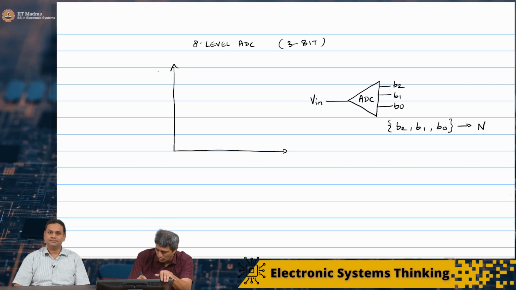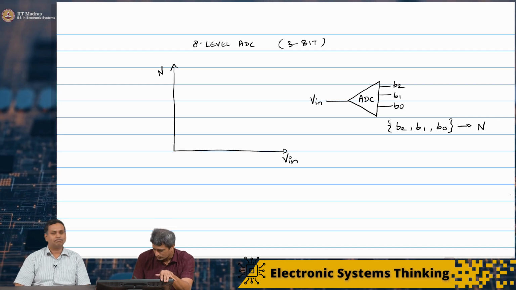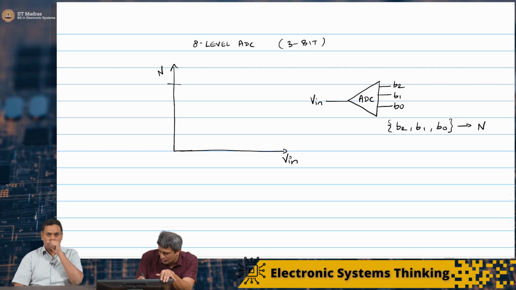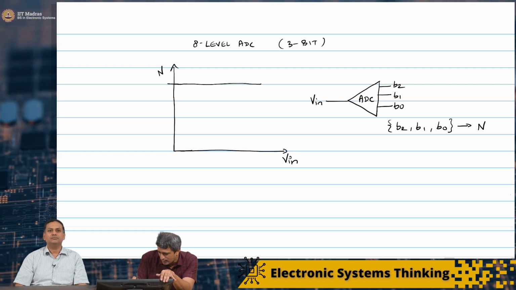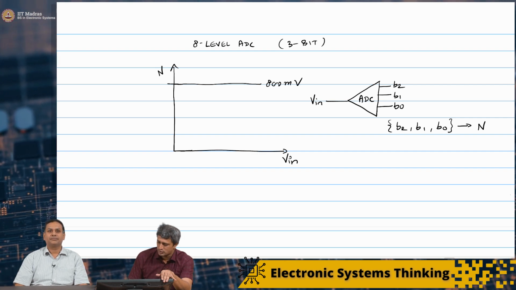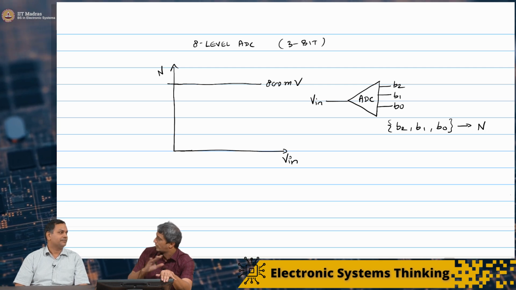So what I am plotting here is n versus V in. I have only 8 levels and let us say this guy here is 800 millivolt. I am going to divide this 800 millivolt into 8 levels.